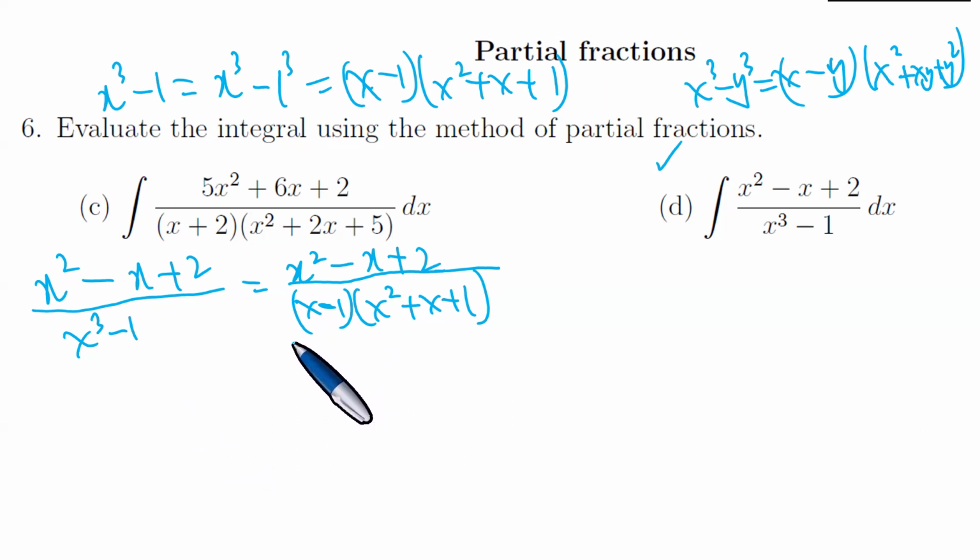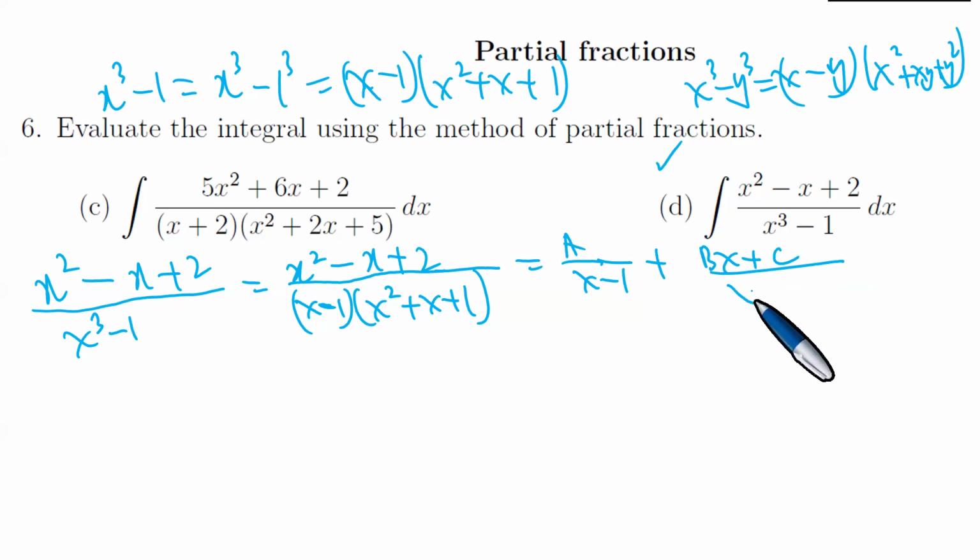Right, so now we can use the partial fraction decomposition as A over x minus 1, and then we have bx plus c over x squared plus x plus 1. Right, so we need to deal with this, and what exactly do we do here?